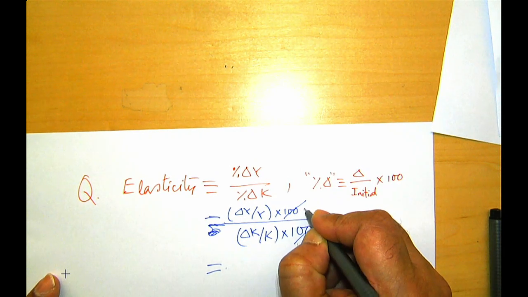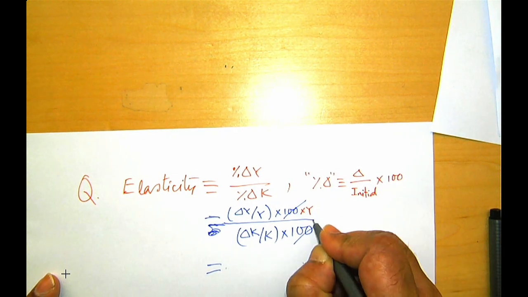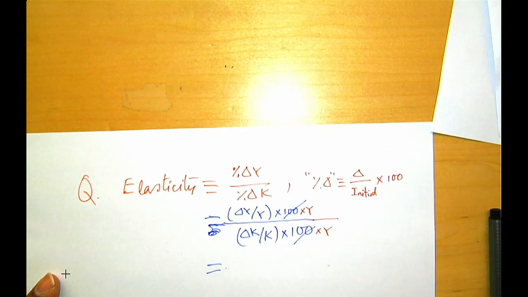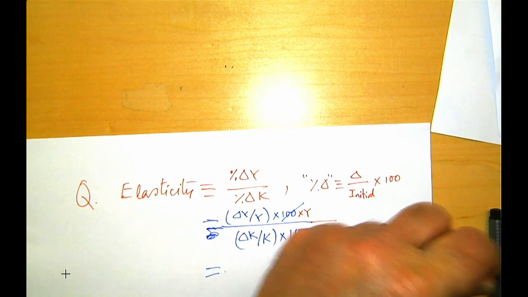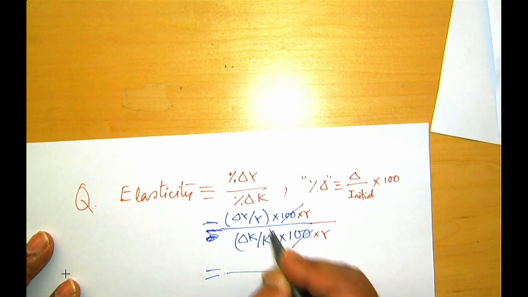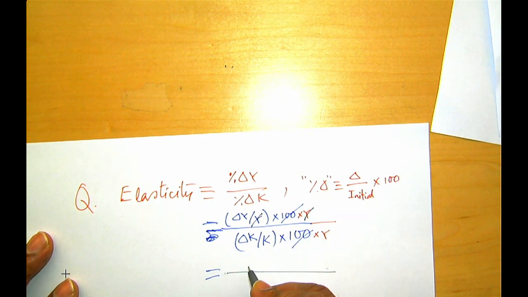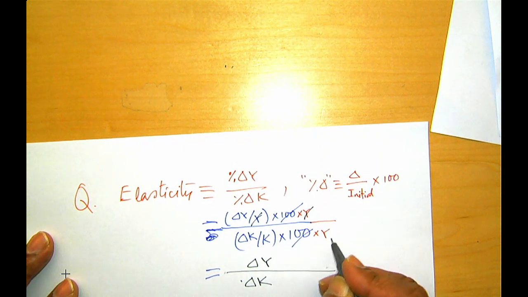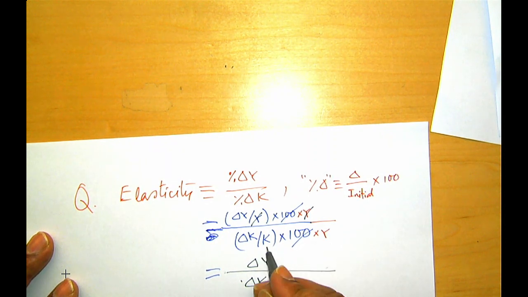I multiply the numerator by y, and the denominator also by y. So in the numerator, this y will cancel, so I'll only have delta y. And in the denominator, we'll have delta k, but you have y on the top and k at the bottom. So I will just say this times y over k.